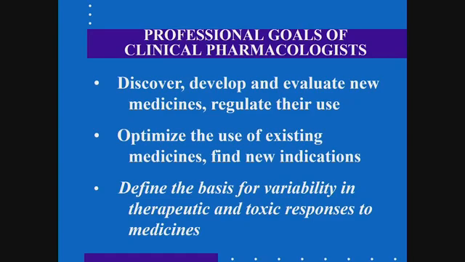We are also interested in optimizing the use of existing medicines and often finding new indications for old drugs. But as I mentioned in our initial outline, a critical area of interest to clinical pharmacologists is to define the basis for variability in therapeutic and toxic responses to medicine.